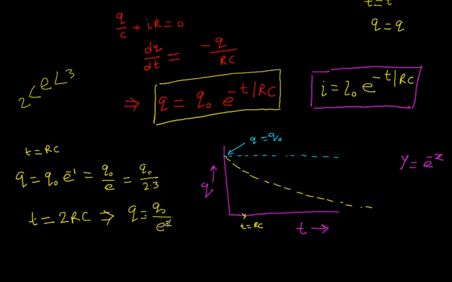And then e square again, and when t is equal to 3 RC, q will be equal to q naught by e cube.